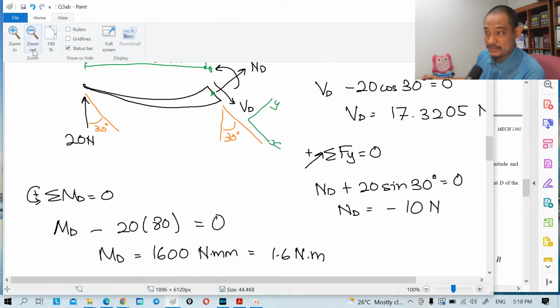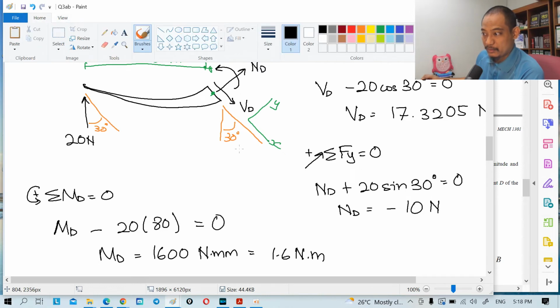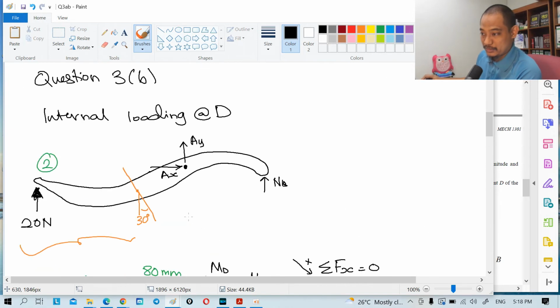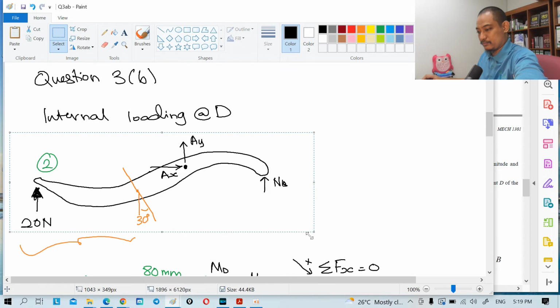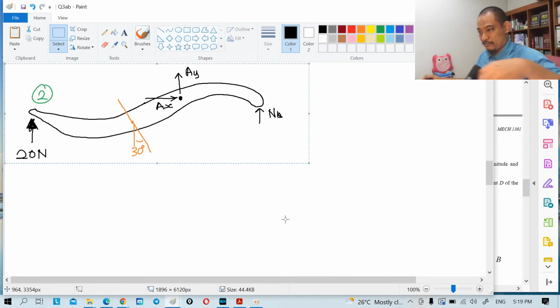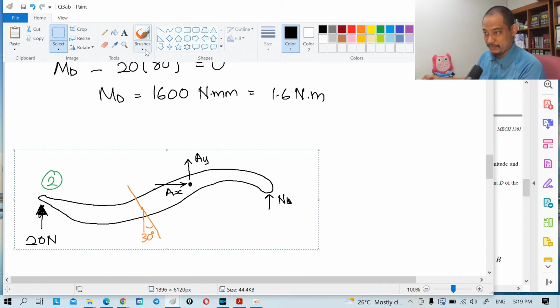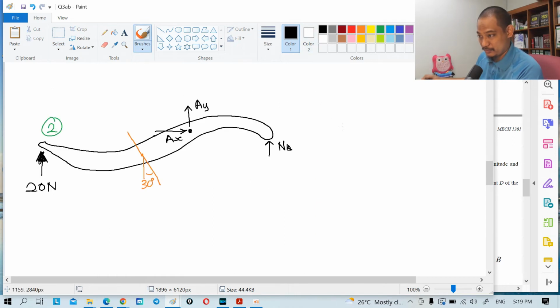Okay, just for the sake of meaning, if you want to choose on this side, on the right side, what will happen? So let's again, I have to copy this because otherwise I'll be scrolling again and again. If you take on the right side, your free body diagram will basically be like something like that, right?